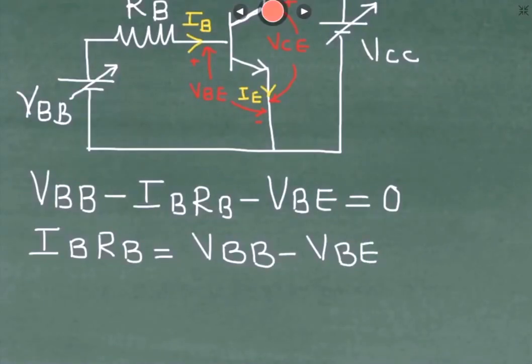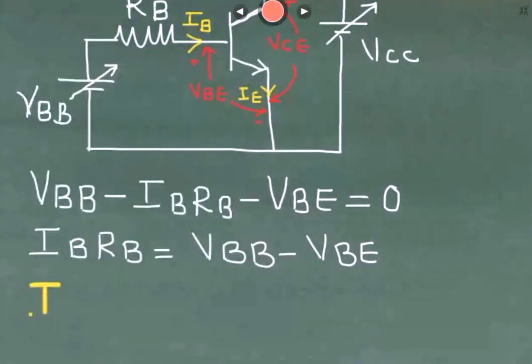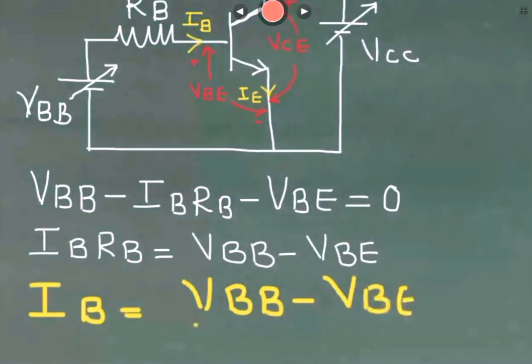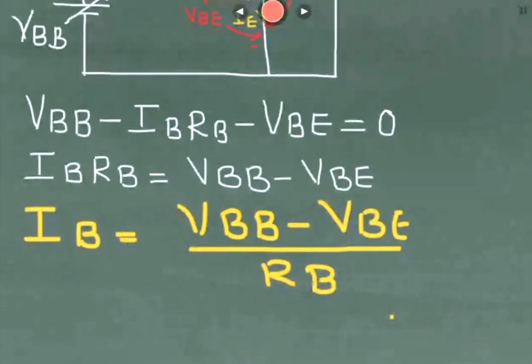So the value of IB can be represented by the following equation: IB equals VBB minus VBE upon RB. So this is how you will be able to write down the value of IB.